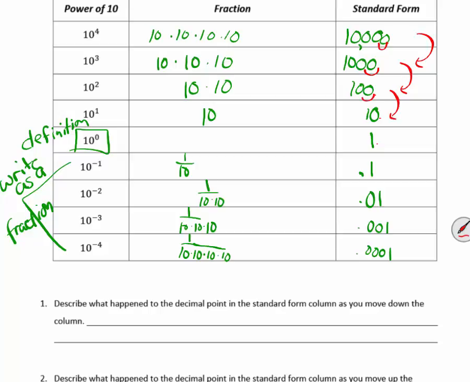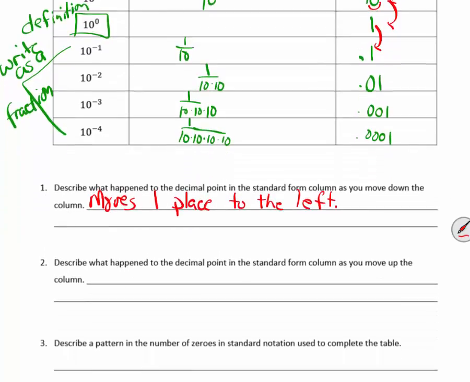And so on. So the decimal moves 1 place to the left as you go down the column, and the reason for that is because we are dividing by 10 each time.